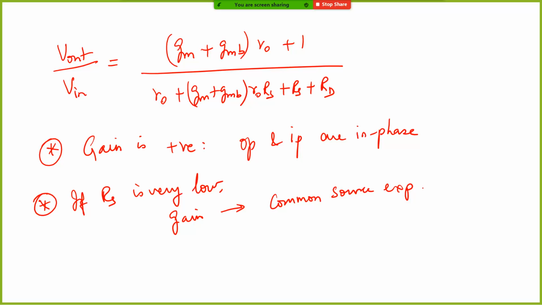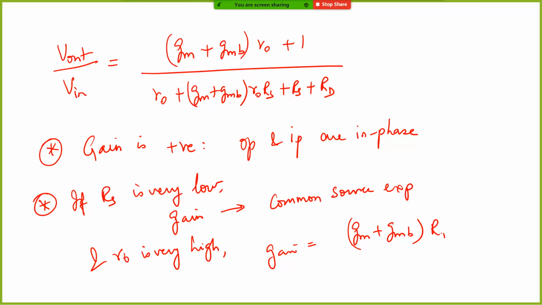So if Rs becomes very low, then you will basically ignore Rs, and if R naught is also very high, basically your gain will reduce to something of the form of Gm plus Gmb times Rd.